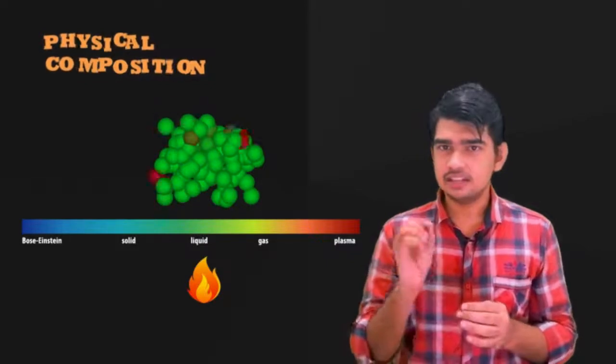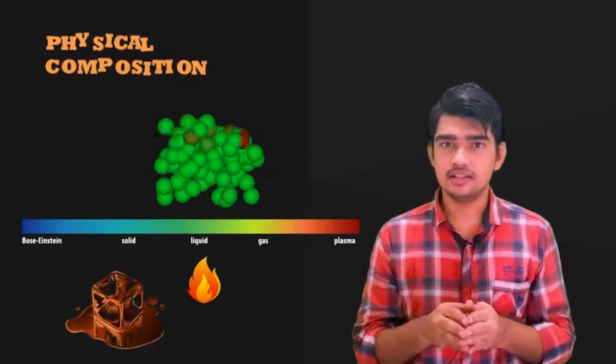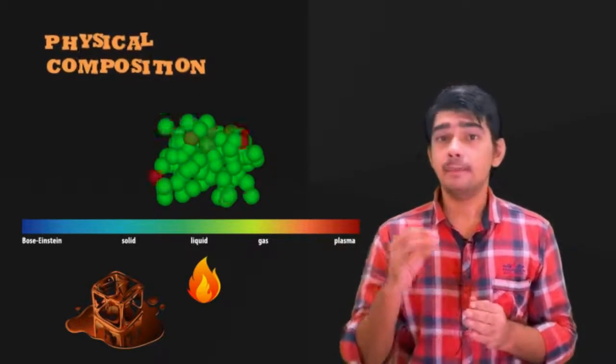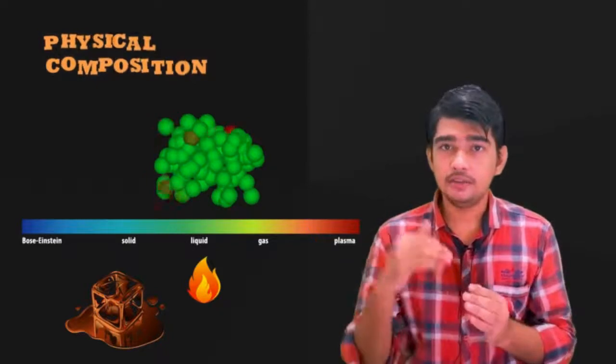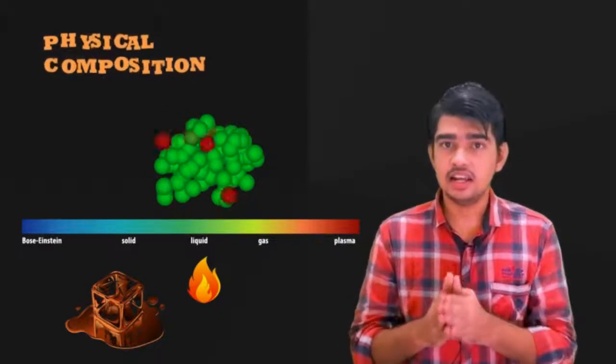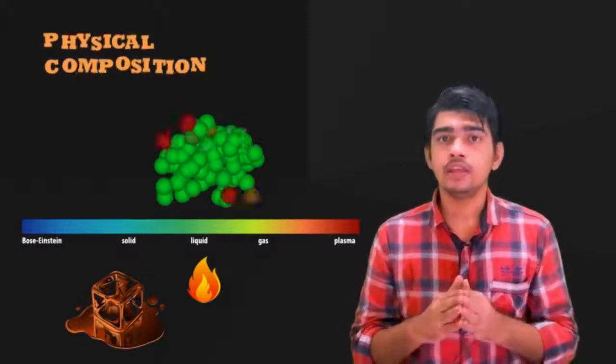Thus, at this point, phase change happens and it is known as the melting point, where the matter is going to have different properties and intermolecular forces, and this state is known as liquid state or liquid phase.